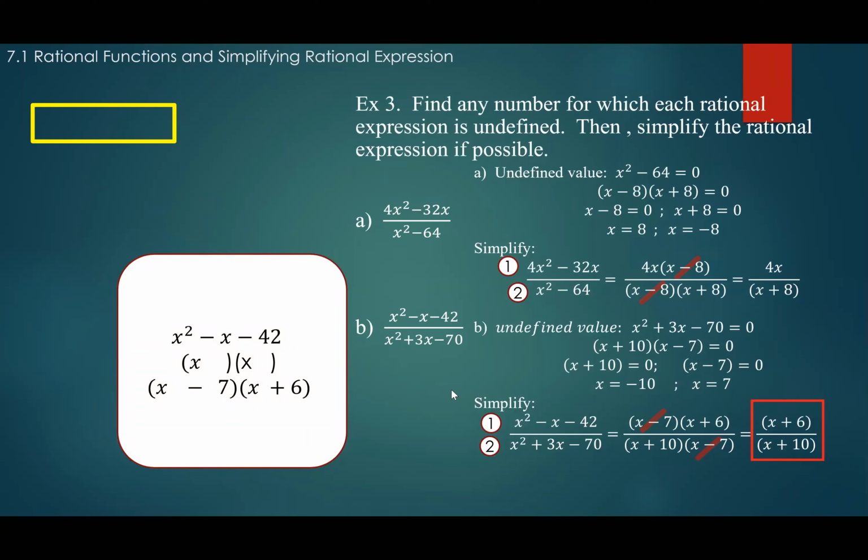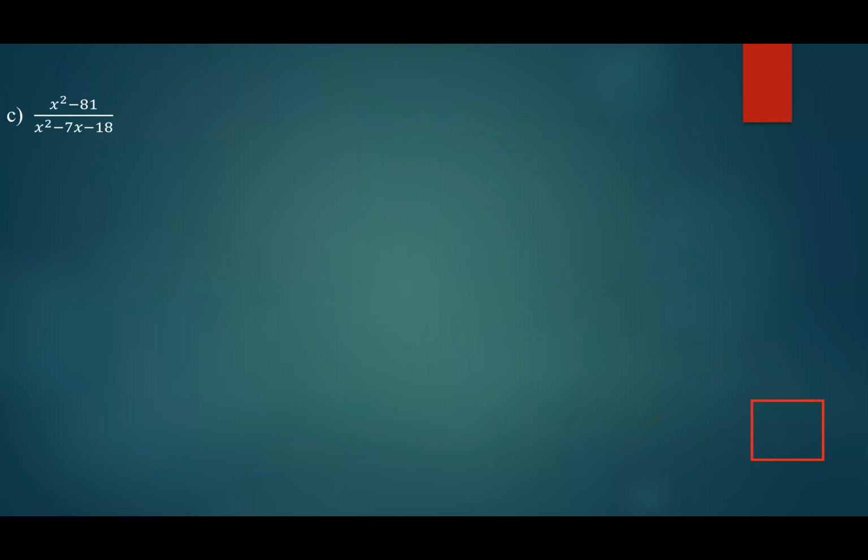Let's take a look at C. Same idea, right? This is what we have in C: x squared minus 81 all over x squared minus 7x minus 18.